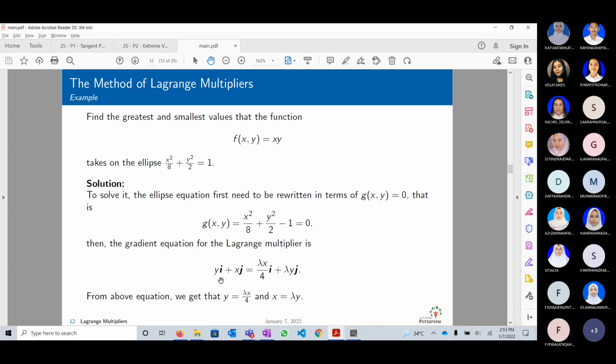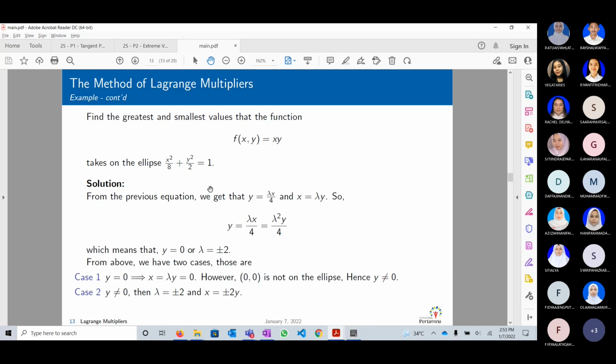Ini kita dapat persamaan ini. Then from this equation we have that y is equal to lambda x over 4 and x is equal to lambda y. Ya, jadi dari sini kita dapat bahwa y itu sama dengan lambda x per 4 karena sama-sama arahnya i, dan x itu sama dengan lambda y karena sama-sama arahnya j.